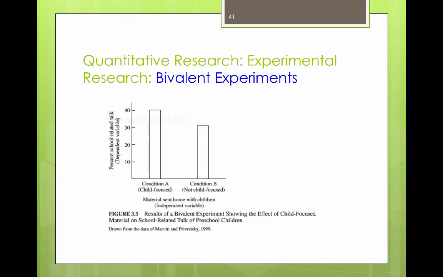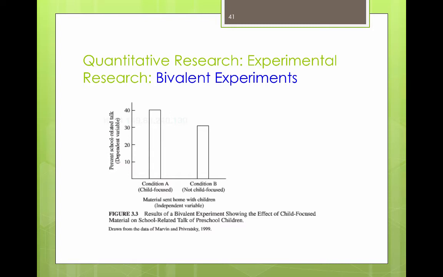Here's an example. On our independent variable axis, we have condition A and condition B. The results of a bivalent experiment showing the effects of child-focused materials on school-related talk of preschool children. So condition A has child-focused material and condition B is not child-focused.